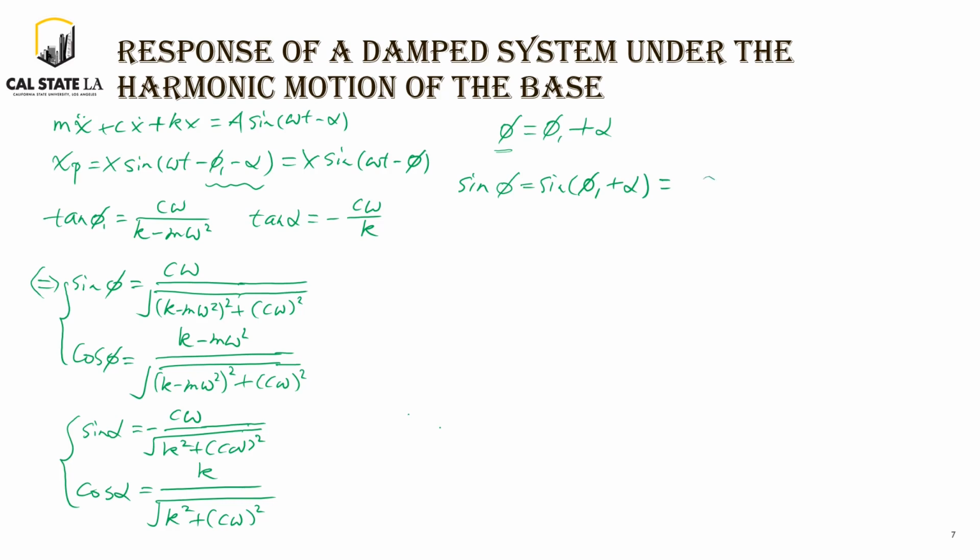So that is equal to sine phi 1 cosine alpha plus cosine phi 1 times sine alpha, right? So we can find sine phi from doing this.